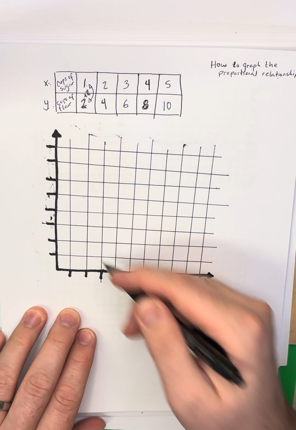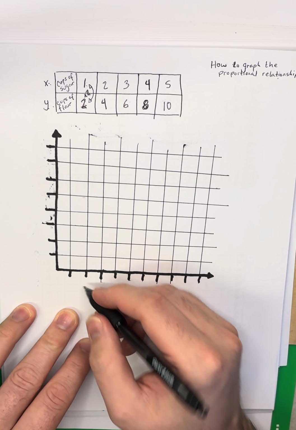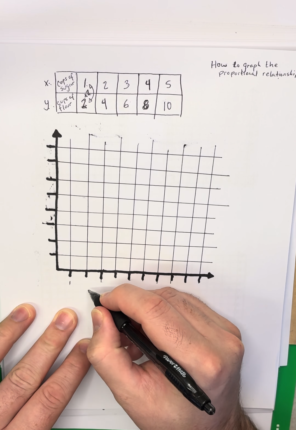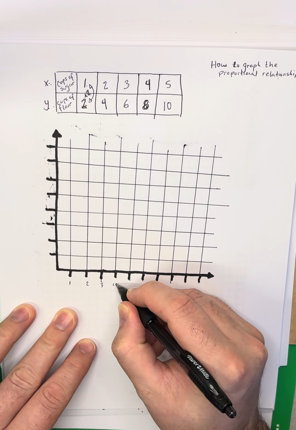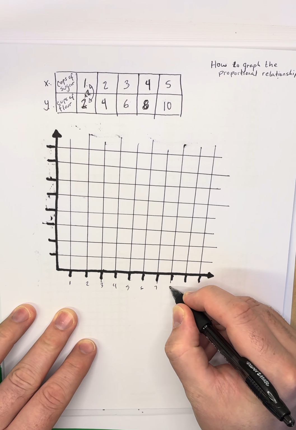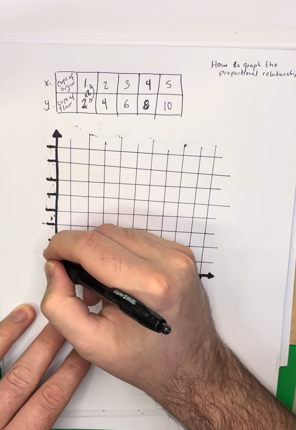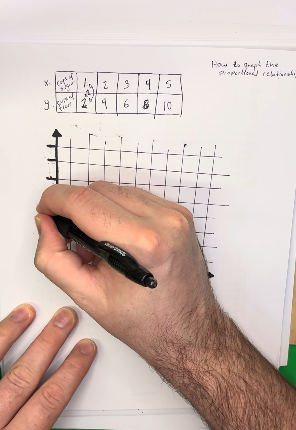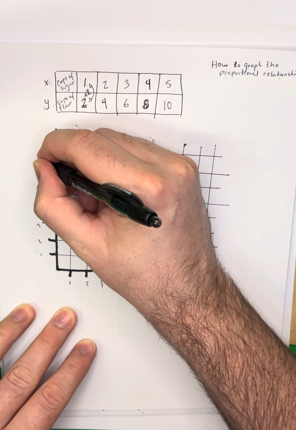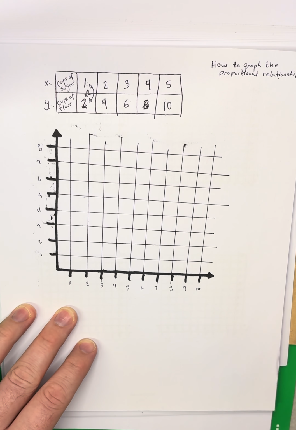I see that I've already set up my grid. I'll number 1, 2, 3, 4, 5, 6, 7, 8, 9, 10, and go up the side here, 1, 2, 3, 4, 5, 6, 7, 8.